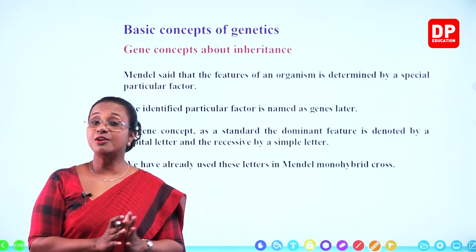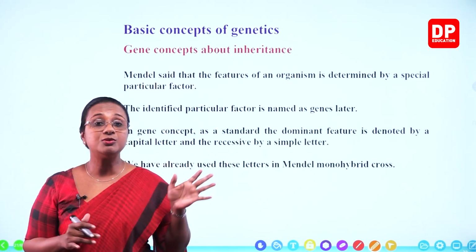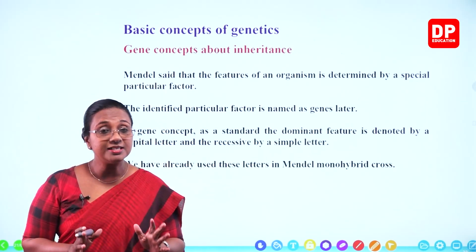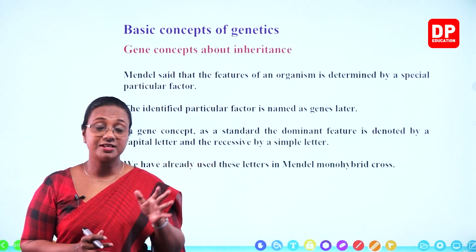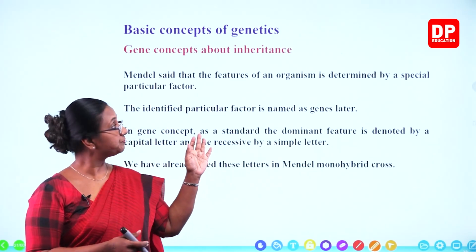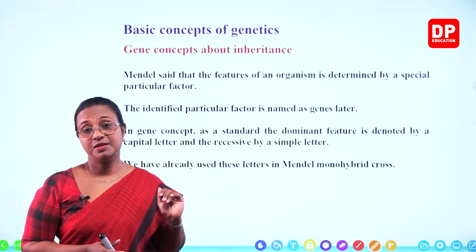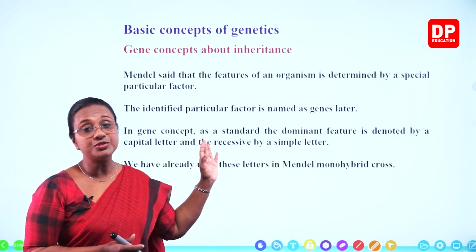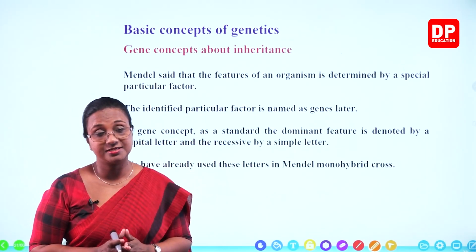But as father of genetics, he was able to explain everything very clearly. All his concepts are very correct and were explained very well. The only thing is, he did not know about the gene concept. So now we will try to understand using the concept of genetics.